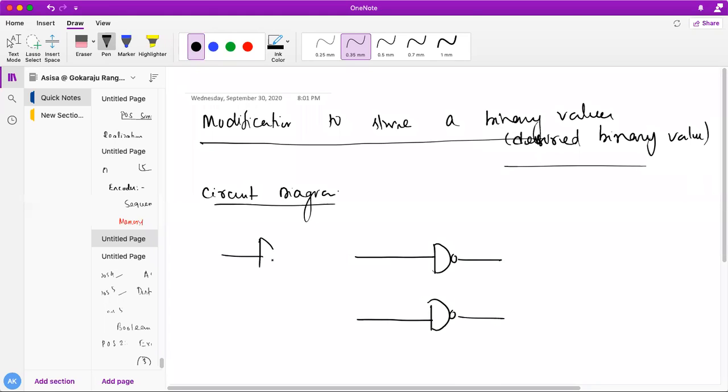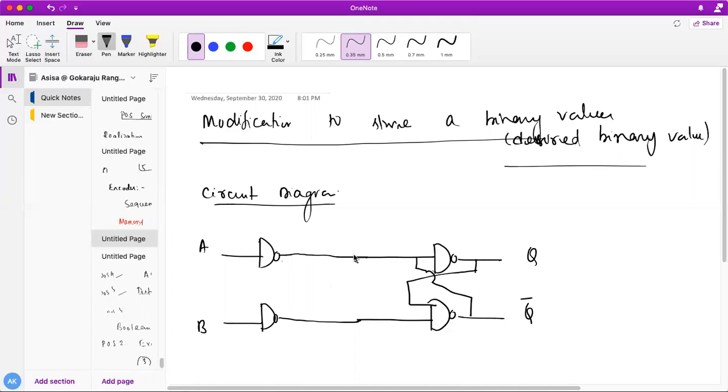So here I have used 4 NAND gates like this, and I have connected here and here. So this is my Q bar, and these are my inputs A, B.